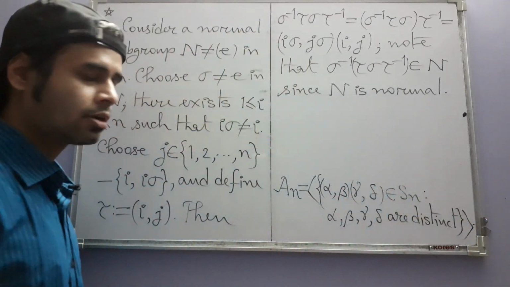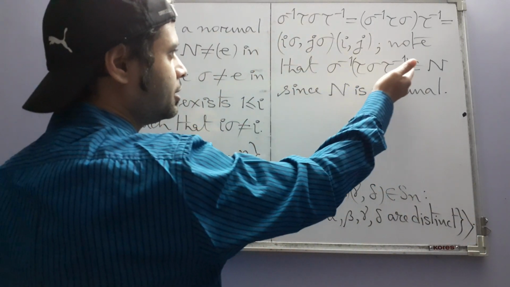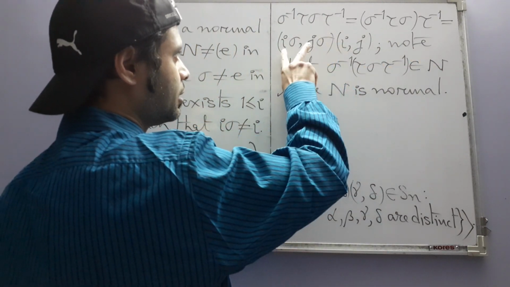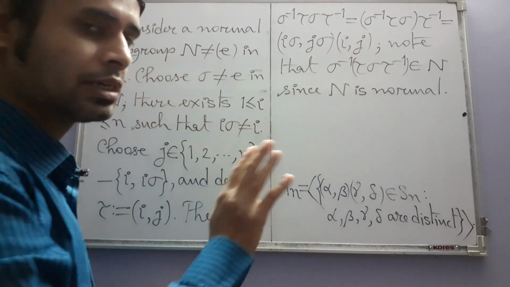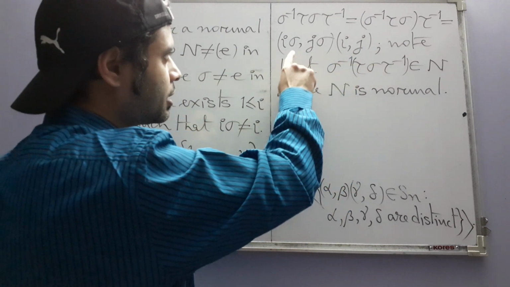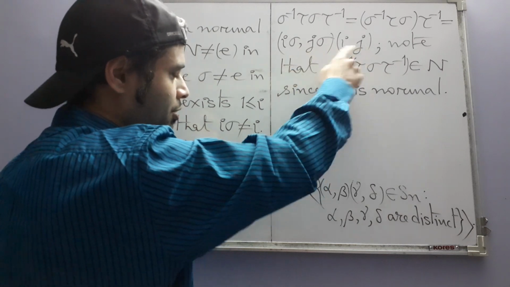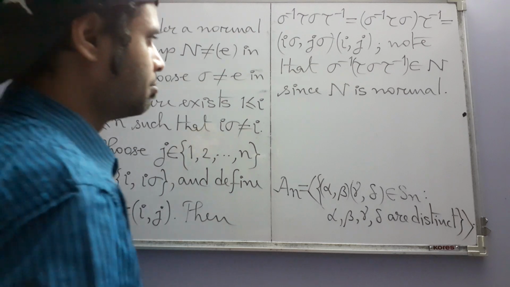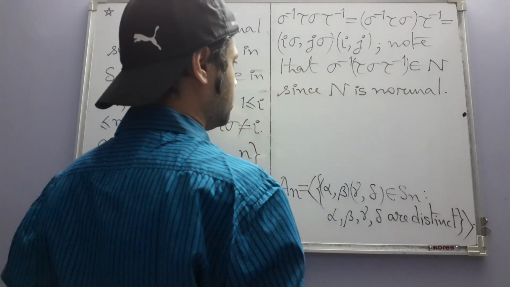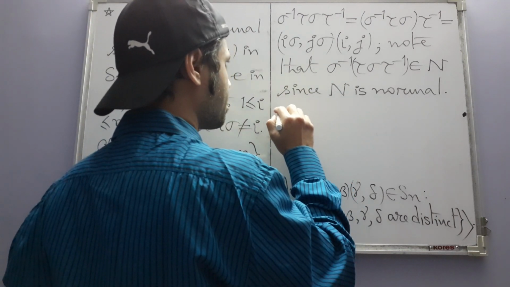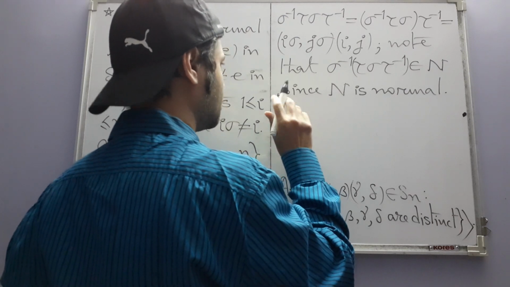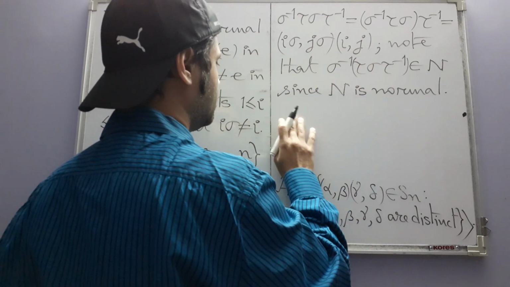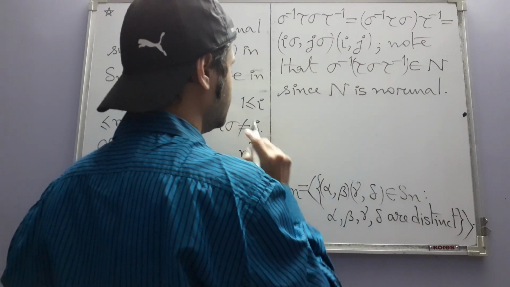So that means we have got a particular type of element in N, whose cycle structure is this, although still we cannot say that it's a cycle structure, because we don't really know whether these are disjoint cycles. Now that fact will come. But before we guess whether this is disjoint or not, something else, okay, yes.